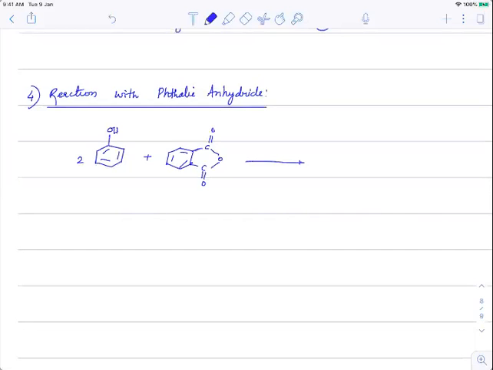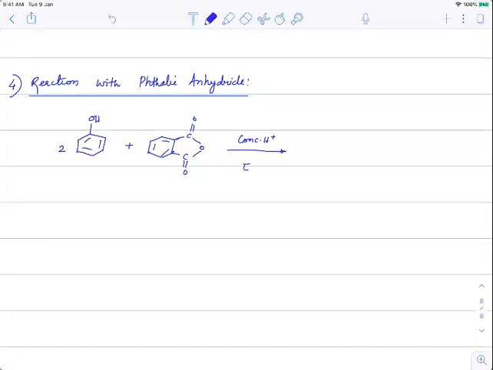So when you take phthalic anhydride, then react that with concentrated H plus, mostly we will take H2SO4. Then electrophilic aromatic substitution will happen, and the final product would be like this. Phthalic anhydride will remain like this, but on the other side both phenols will get added.